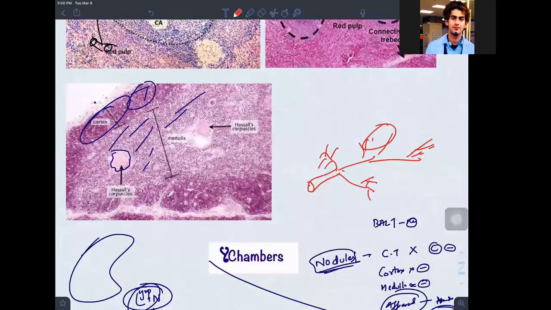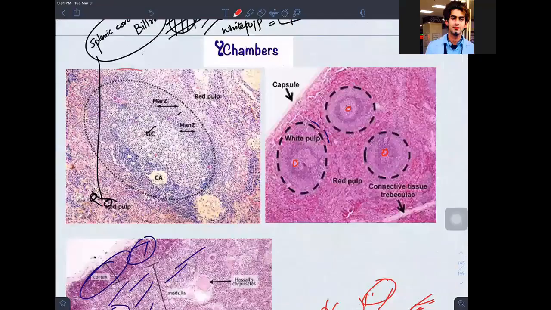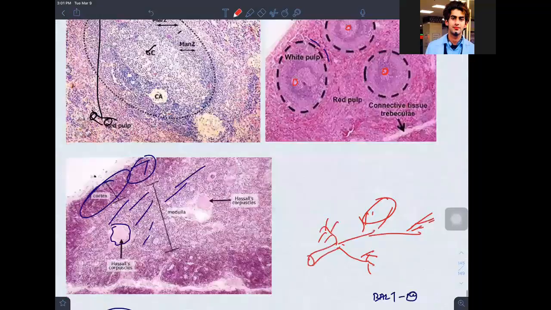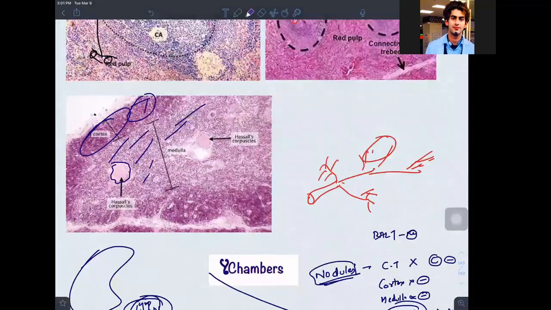So can I say each splenic nodule is supplied by a central artery. And if you see around this artery, you can see a sheath. That sheath is called the periarterial sheath. A covering sort of a thing is there.